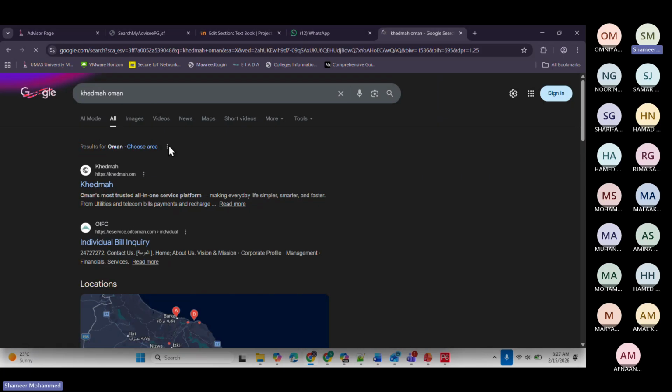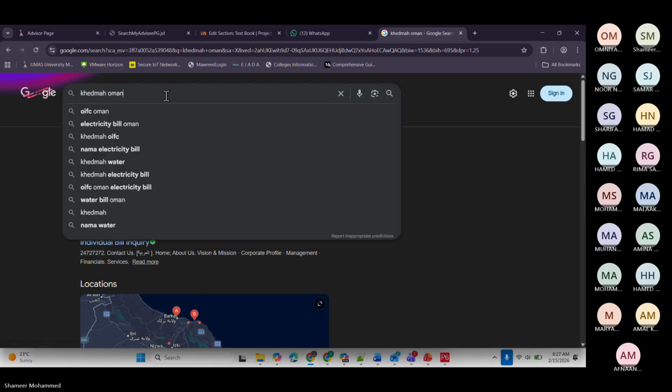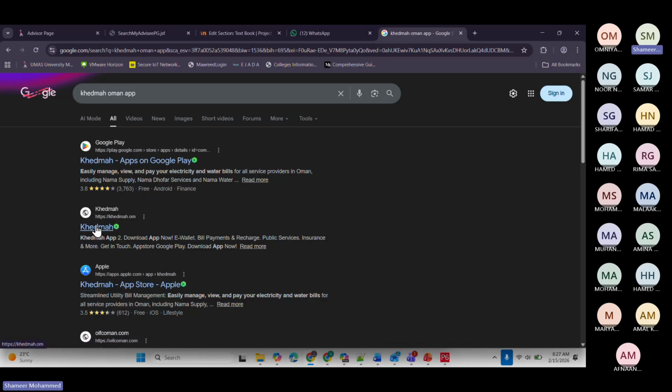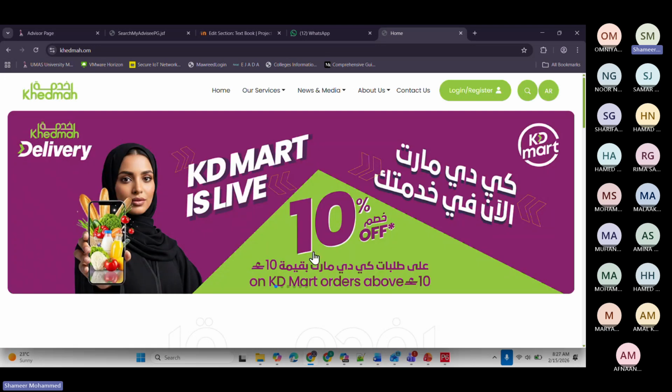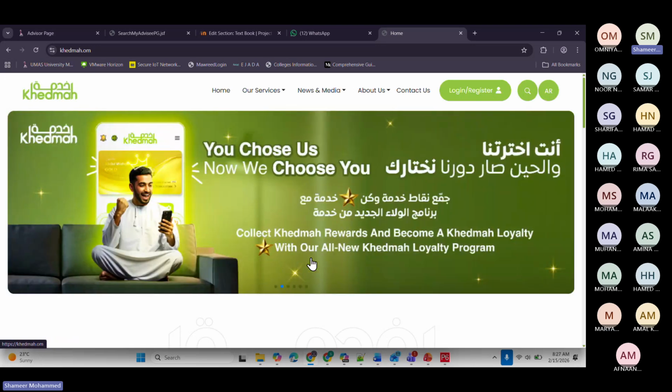We are using the app, okay, Khidma app or Onic app. What are these? They are providing the service for us.